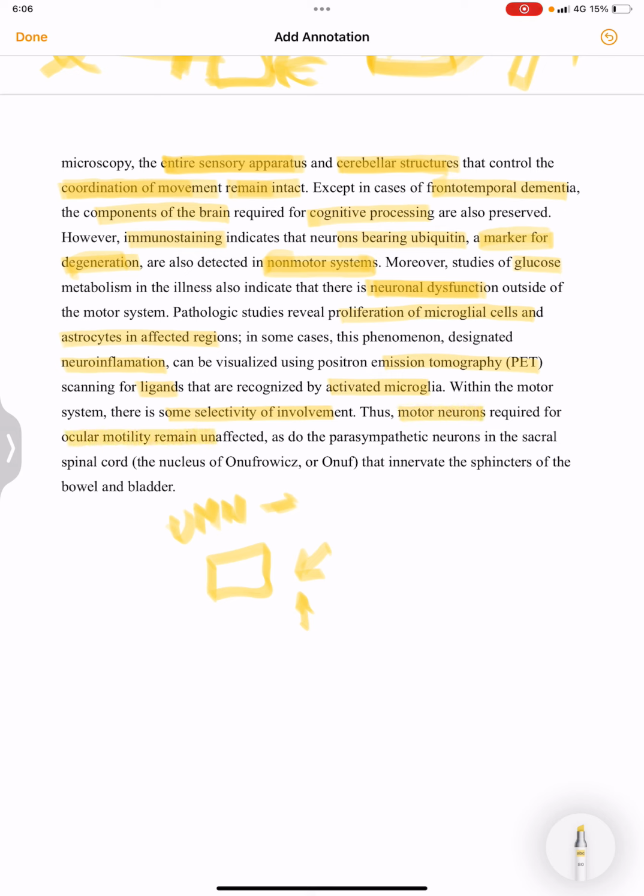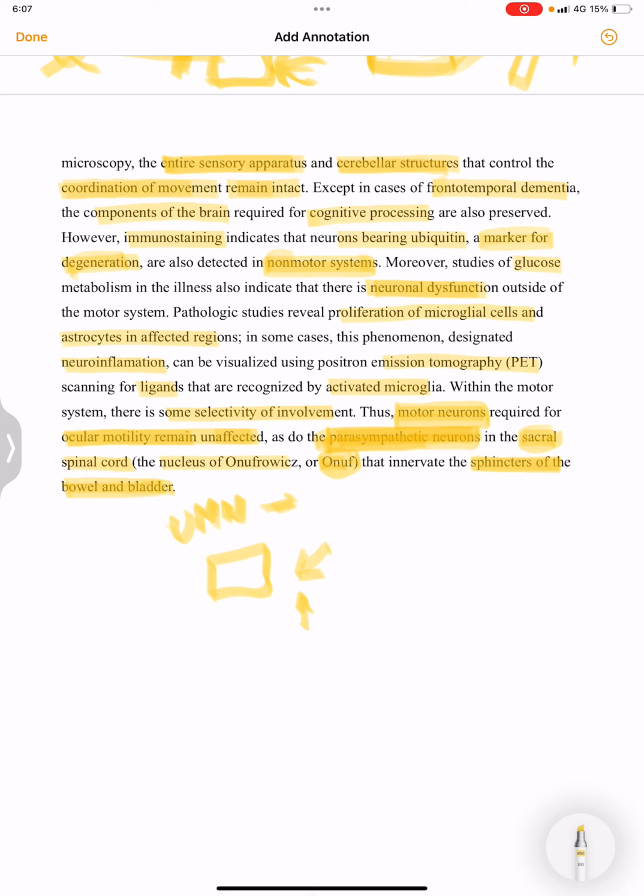The motor neurons required for ocular motility remain unaffected, and also the parasympathetic neurons in the sacral spinal cord, that is the nucleus of Onufrowicz, or Onuf nucleus, that innervates the sphincters of the bowel and bladder, are also unaffected.